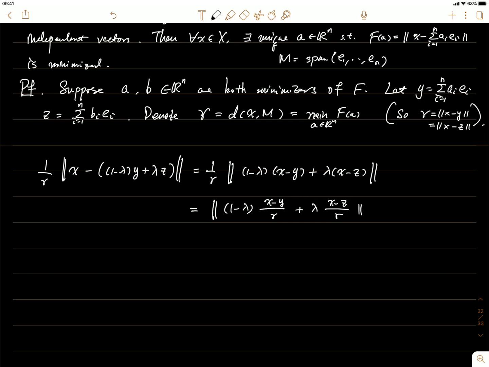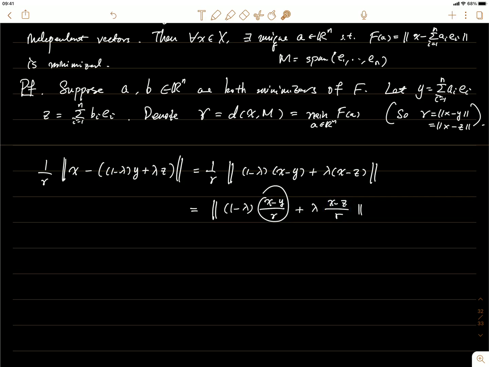Now you can notice that, as we showed earlier, r is just the norm of x minus y. So this first term here will be just (x minus y) over the norm of (x minus y), right? That means this one has norm 1. Similarly, the norm of this is equal to 1.